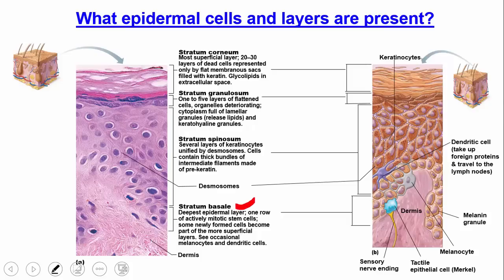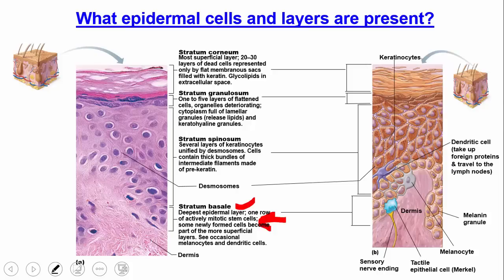This is the deepest of the epidermal layers, and it has cells that are very highly active in terms of mitosis. If you look here, you'll see that there's a lot of stem cells. These are producing the cells that are going to migrate up into the upper layers of the epidermis. Occasionally you'll see melanocytes or dendritic cells, but really you'll see a lot of stem cells in this region.